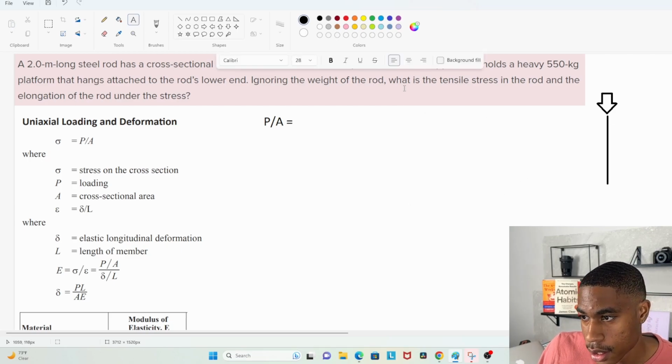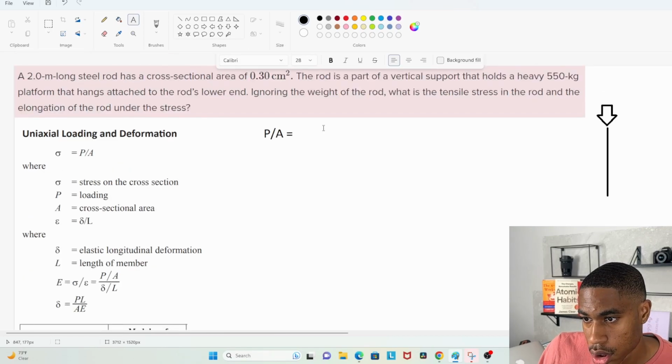P is the weight. So we know we have a mass of 550 kilograms, so we'll start there.